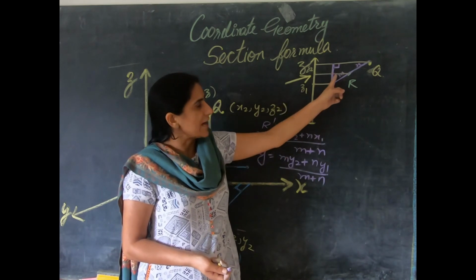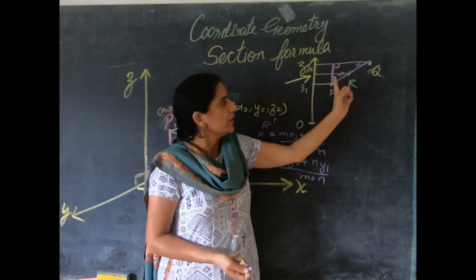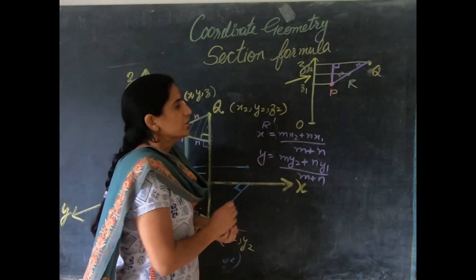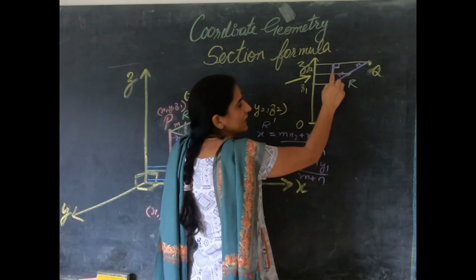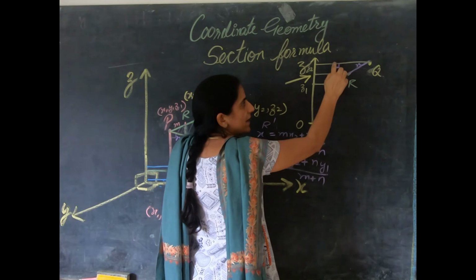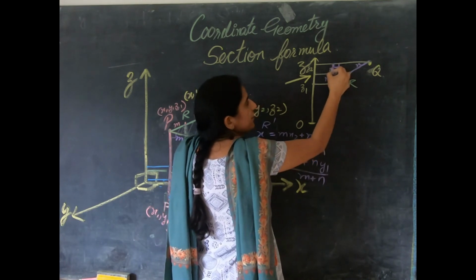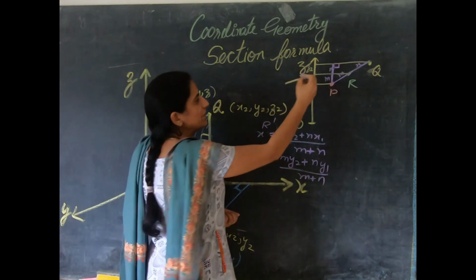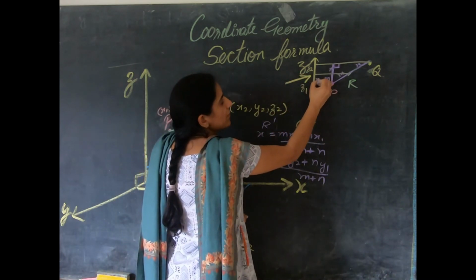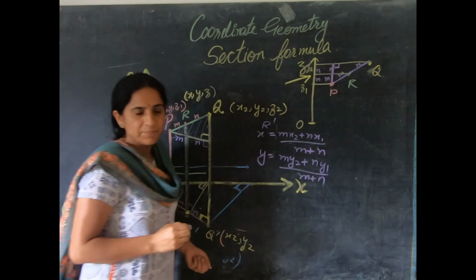As this line is dividing PQ in the ratio m/n, it will also divide this side of the triangle in the ratio m/n. Now that means this is also m/n.